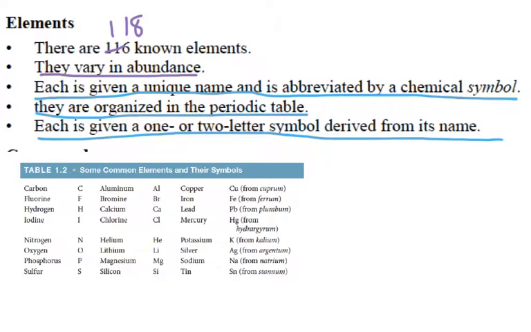And here is a chart with a few of the names and symbols, and many of them are very simple. I mentioned last video we're going to be memorizing names and symbols, things like carbon, really easy, C. And most of these match up nicely. Lithium, Li.